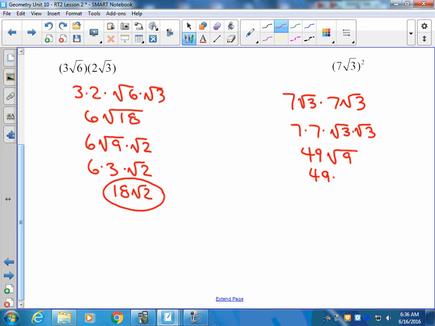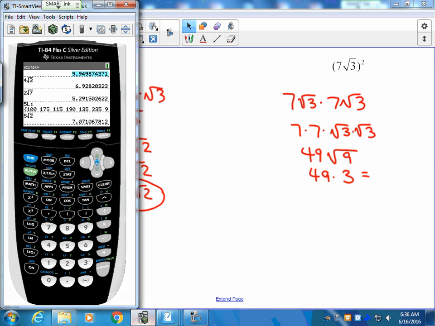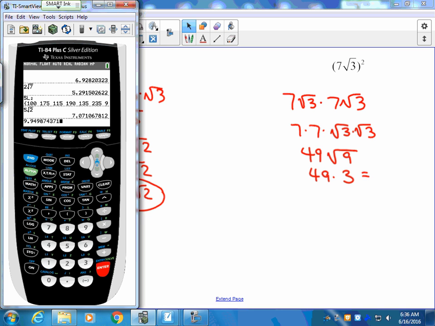And then if there is a perfect square, then we would want to complete that. And as early as it is, I'm going to use the calculator for this one just to be safe. 49 times 3 equals 147.